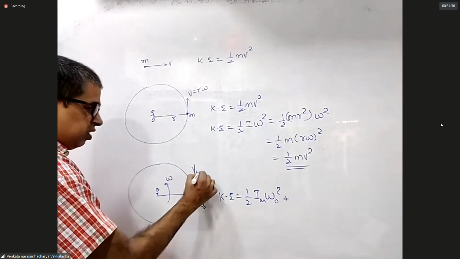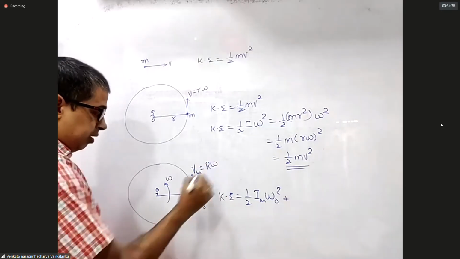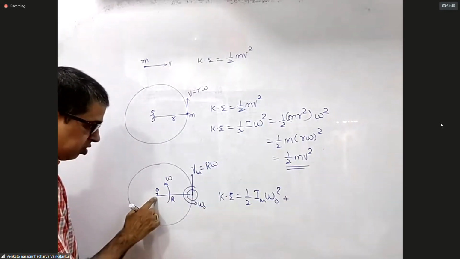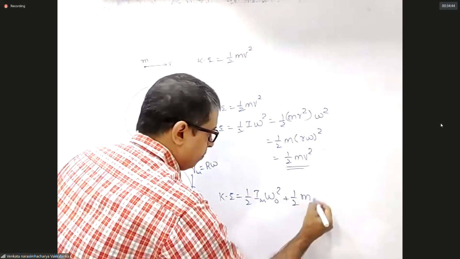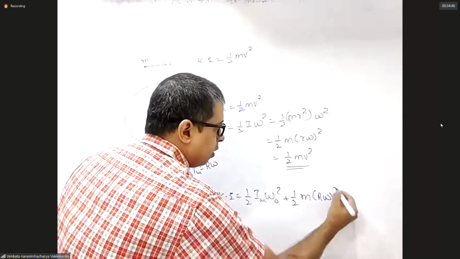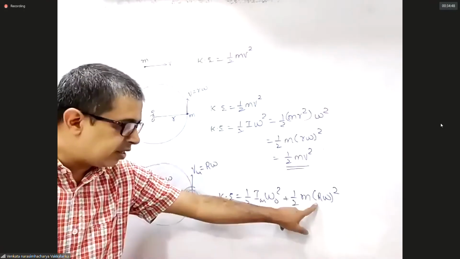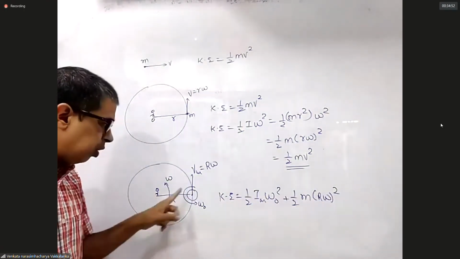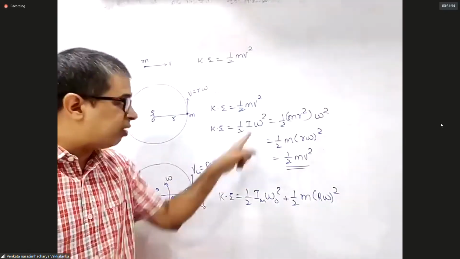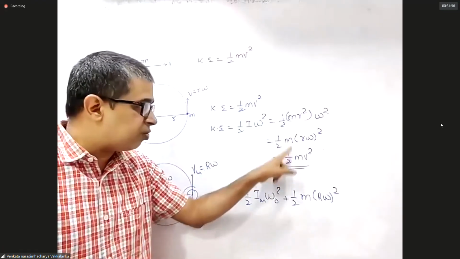V_CM is equal to capital R omega, where capital R is the distance from here till here. Half M R omega whole square. This you can write as half m v square or as half I about O into omega square. Both will give you the same result, as I showed you.